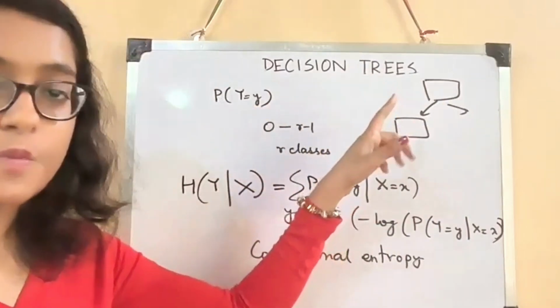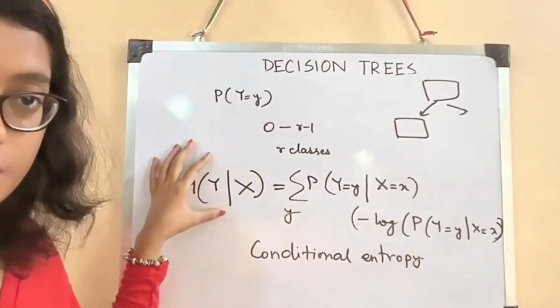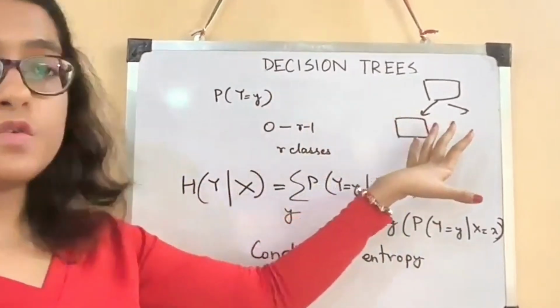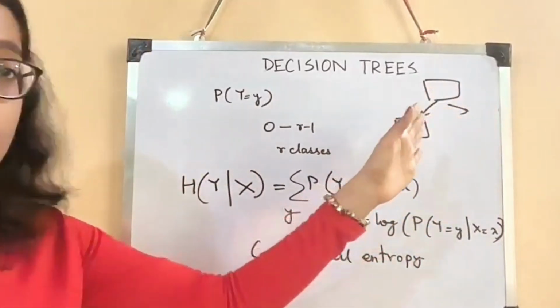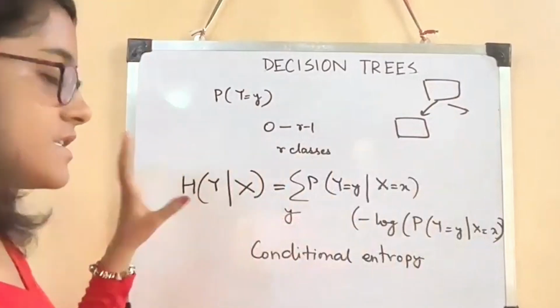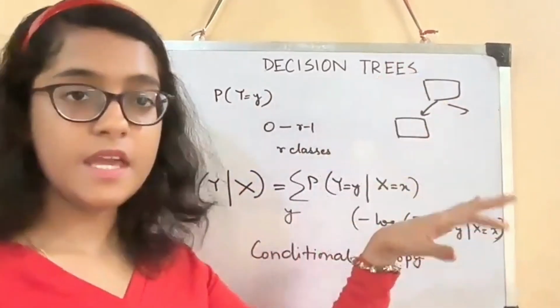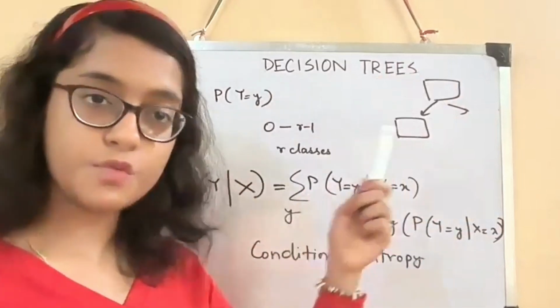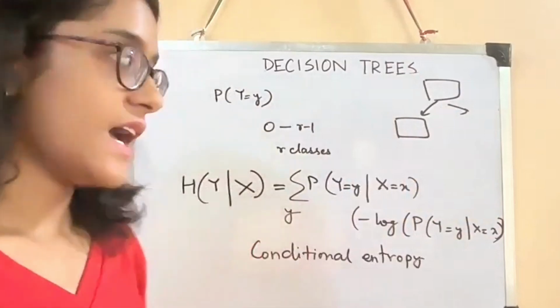We would use humidity, calculate this value, then use the next one, precipitation, and calculate this. Whichever has the minimum H, we are going to use in that node to split the tree. Perfect. I think you get this.